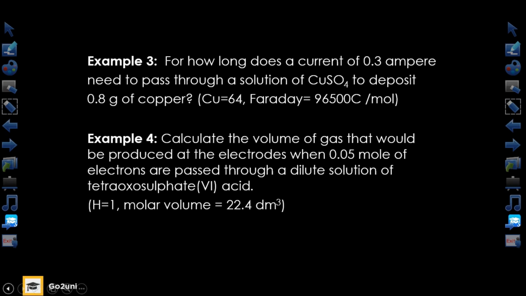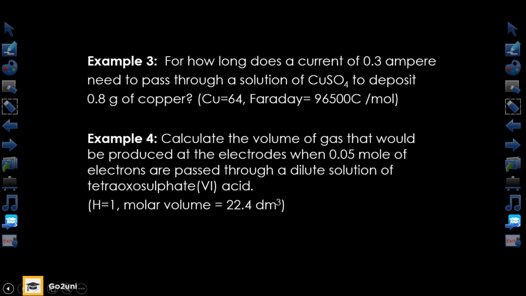Now, when 0.05 moles of electrons are being passed into a solution, we are asked to calculate the volume of gases that will be liberated. And we are told that hydrogen is 1, which we know, the RAM for hydrogen, and molar volume is 22.4 dm cube.